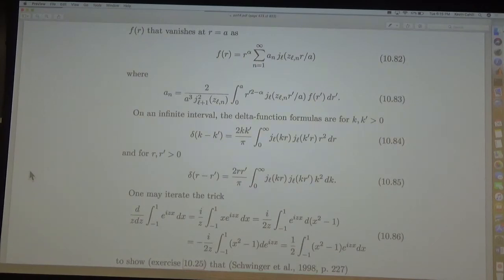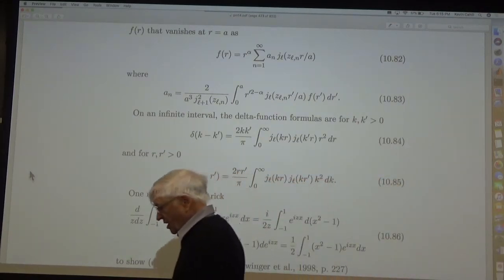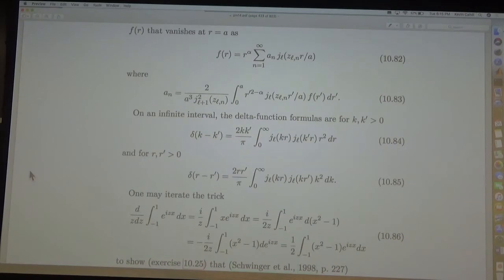So one can then expand an arbitrary function of r as r to the alpha, a_n j_L of these eigenfunctions. And you use the orthonormality equation to get the coefficients. And all that's for a finite interval. Now I'm just going to quote the results for infinite intervals.